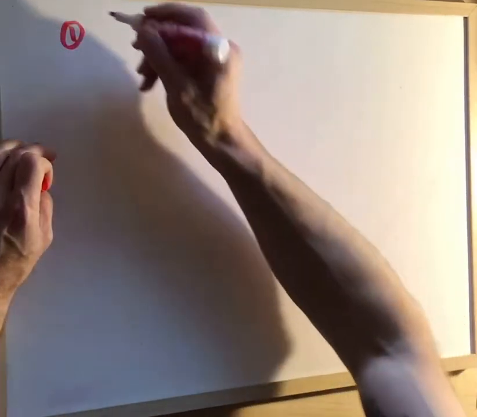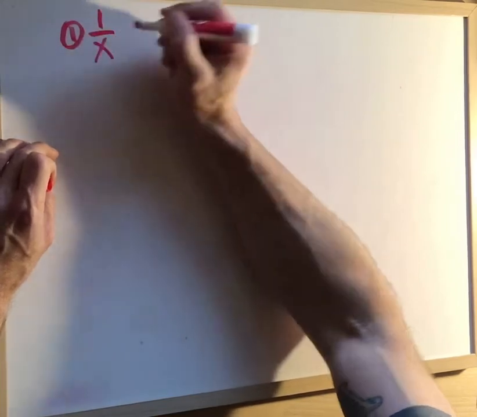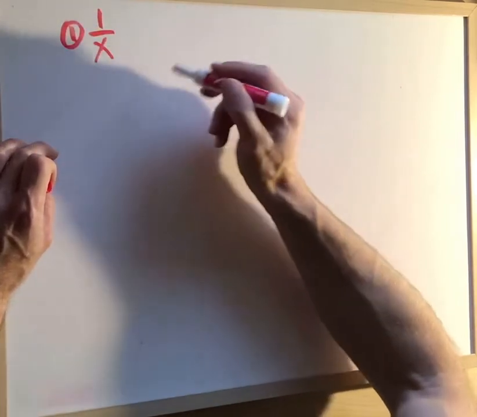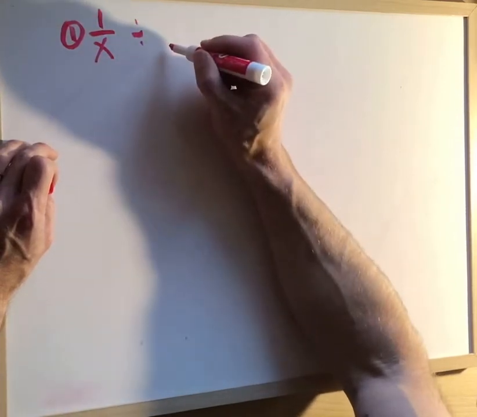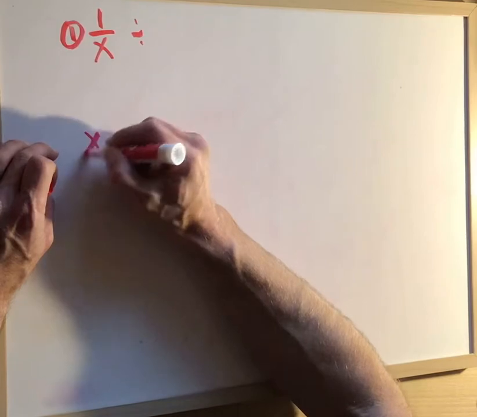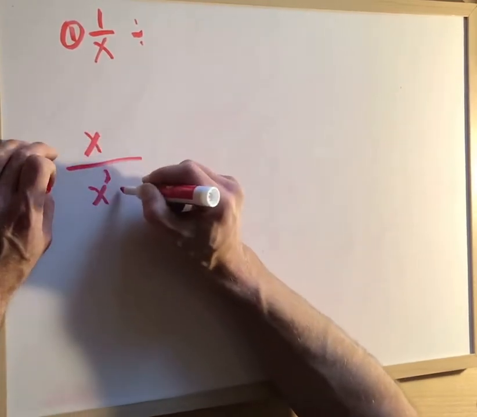Number one was a question from the previous chapter over rational expressions. I'm going to leave 1 over x, and I'm going to write divided by it. I'm just going to deal with my denominator first. So I have x over x squared plus 1.